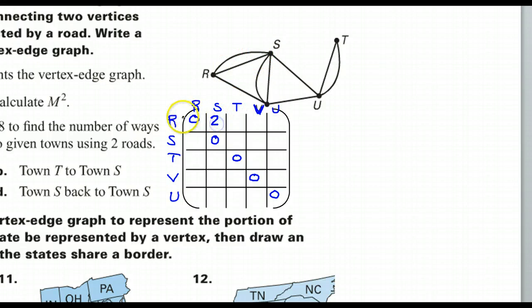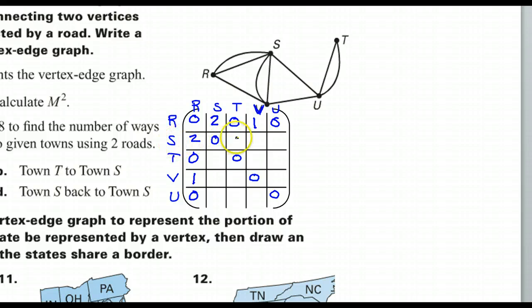So I'll put a 2. Same thing, S to R, duplicate. Between R and T, there are no connections, so same thing, T to R. But what about R to V? There's just a single connection. And R to U, there's nothing.